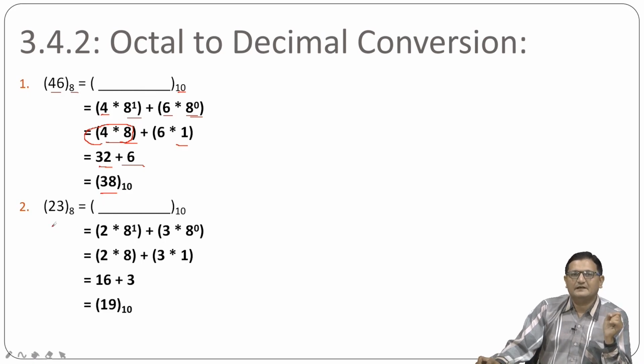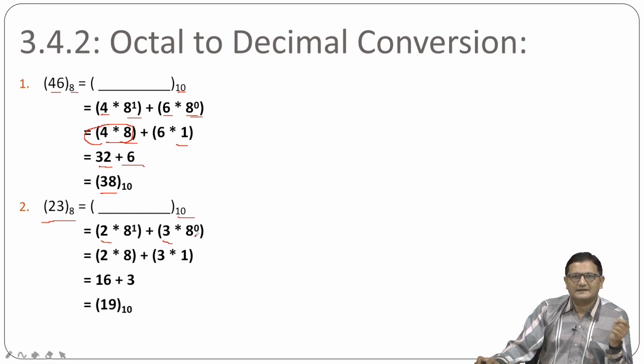Similarly, here is another example. The number is given in octal format and you need to convert it into decimal form. The number given is 23, so 2 and 3 are the digits that you write down.